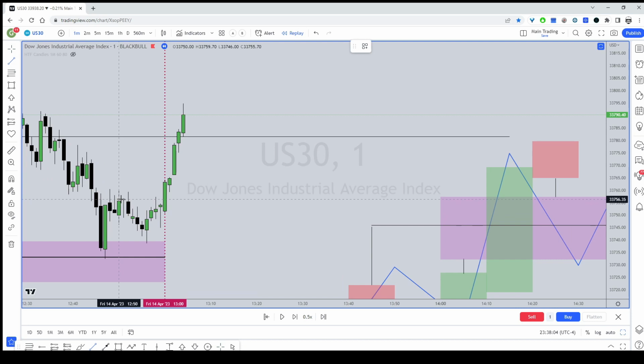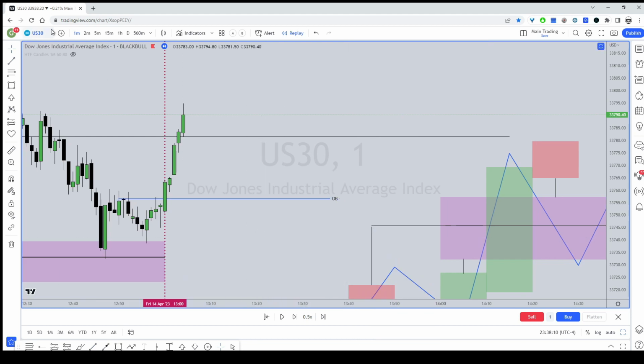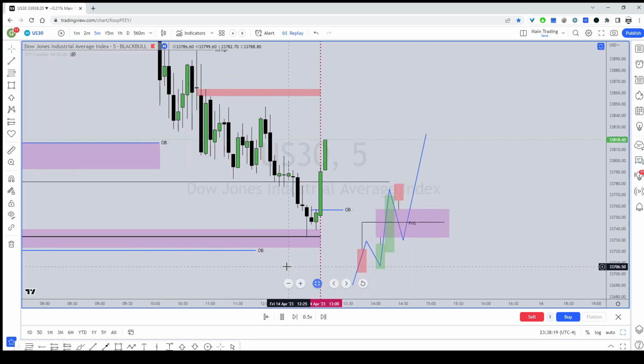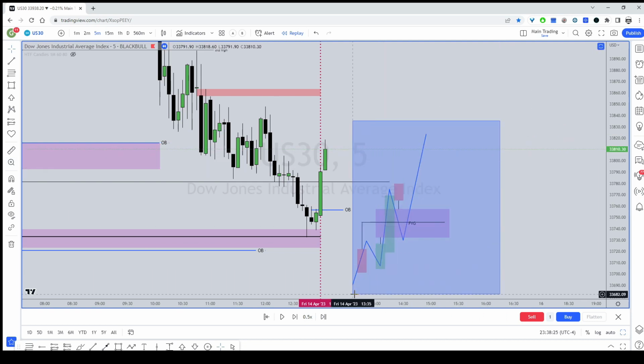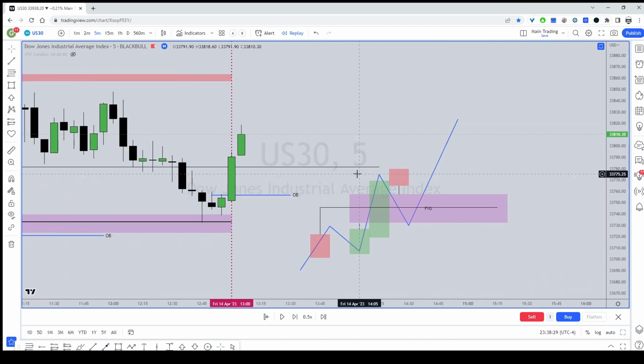This is an easy peasy lemon squeezy type of setup. And let's see what price does. So I want a, again, bias being bullish.